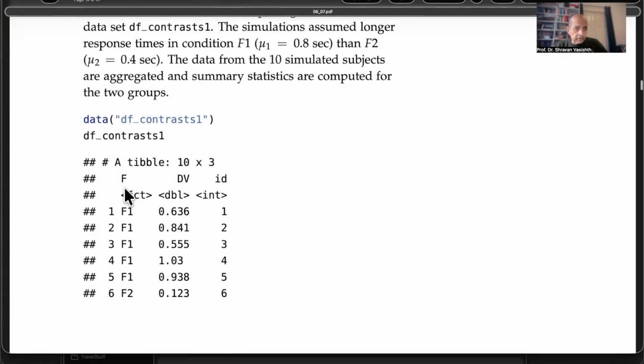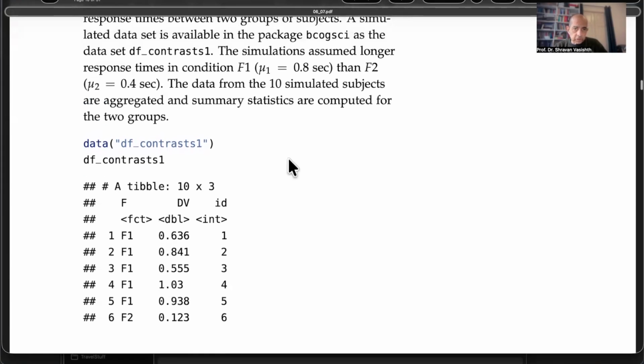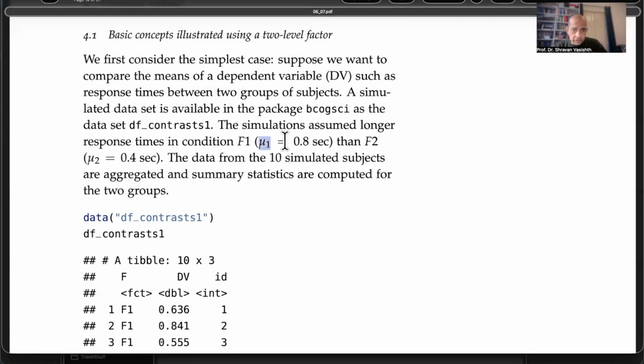Here we have one factor with two levels, f1 and f2. This is all simulated data, and it sets up the situation that f1 has a true mean of 0.8 seconds and f2 has a true mean of 0.4 seconds. So there is clearly a difference between the two conditions, right?